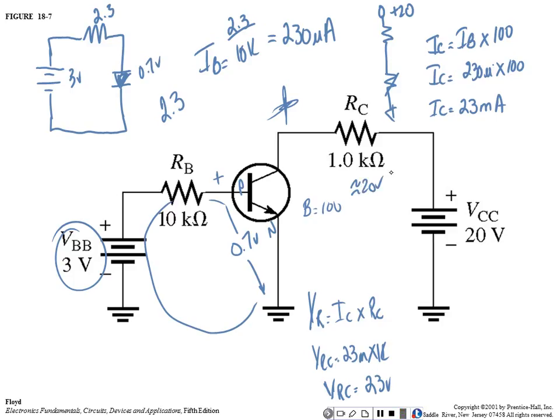And what would be our voltage collector to emitter? Kirchhoff's voltage law says the sum of the voltage drops in a series circuit has to equal the applied voltage. I've got a 20 volt drop right there. How much voltage would be left over to drop across the transistor?